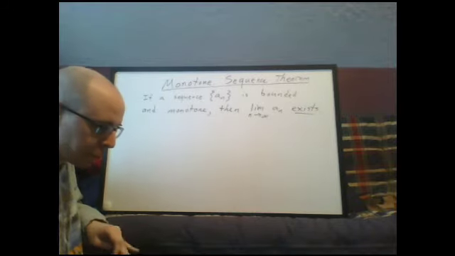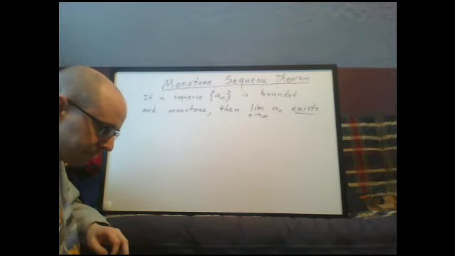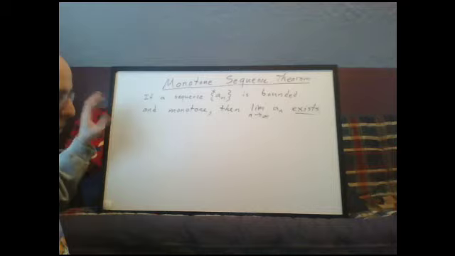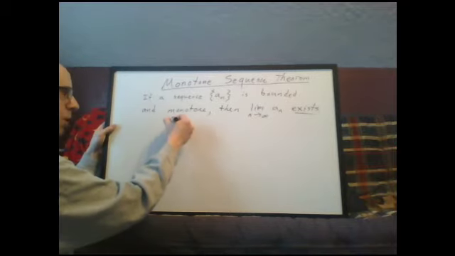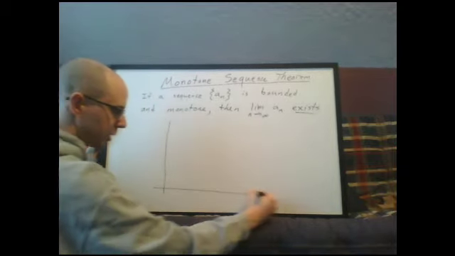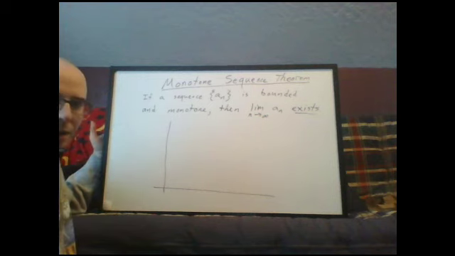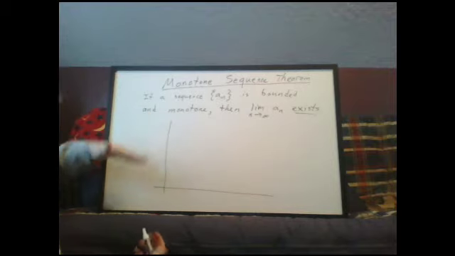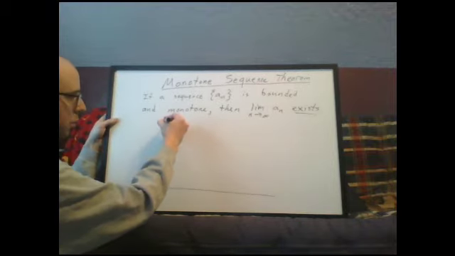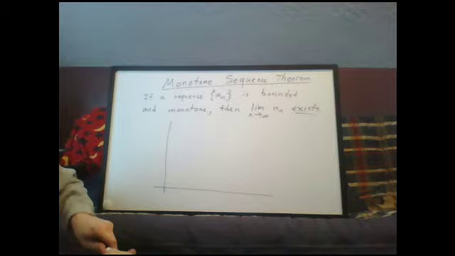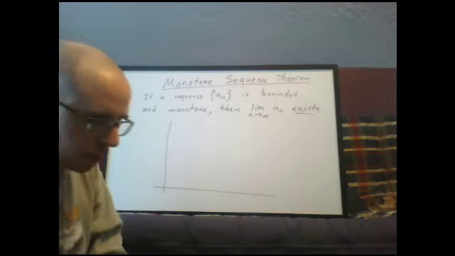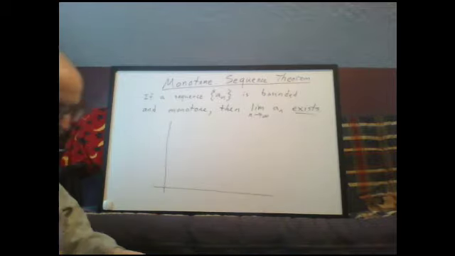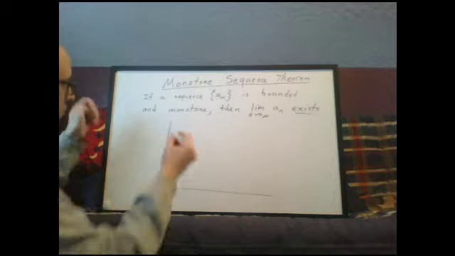All right, rather than proving it in the interest of time and board space here, let's just argue why this is true by a quick picture. So if a sequence is bounded, it has a ceiling and a floor. So let me use a different color here.